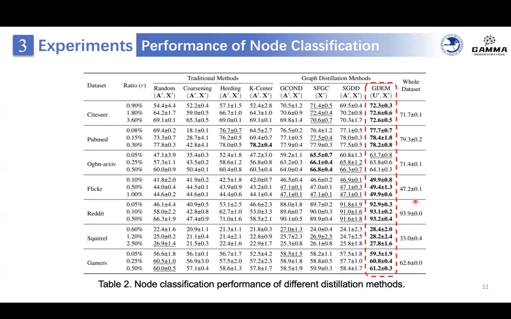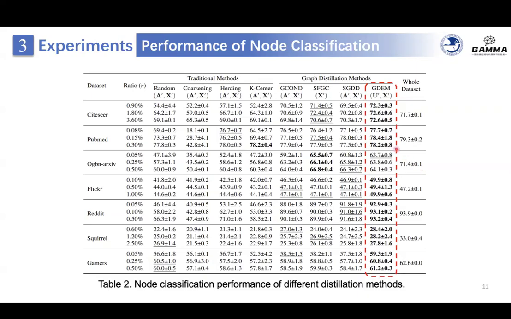The results reveal that our eigenbasis matching strategy can also yield good synthetic graphs without relying on the distillation GNN as previous methods do.